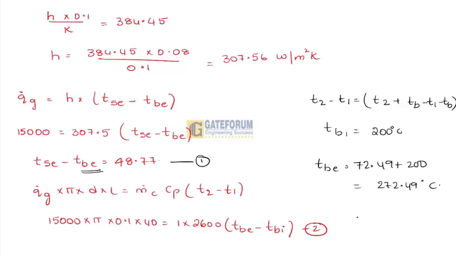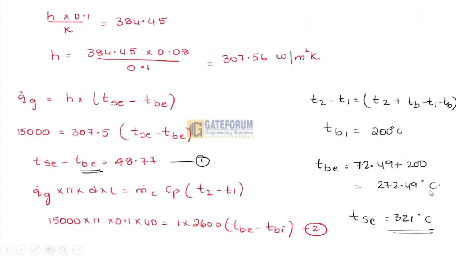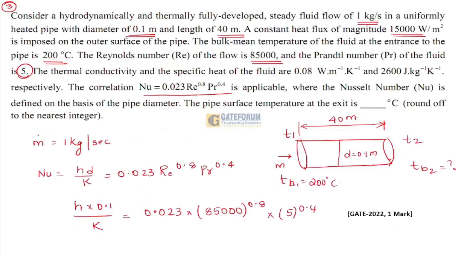Substitute TBE here so that you will get TSE. You should get around 321 degrees centigrade. So the pipe surface temperature at the exit is 321 degrees centigrade, and the bulk temperature at the exit is 272.49. This will be your answer for the given question.